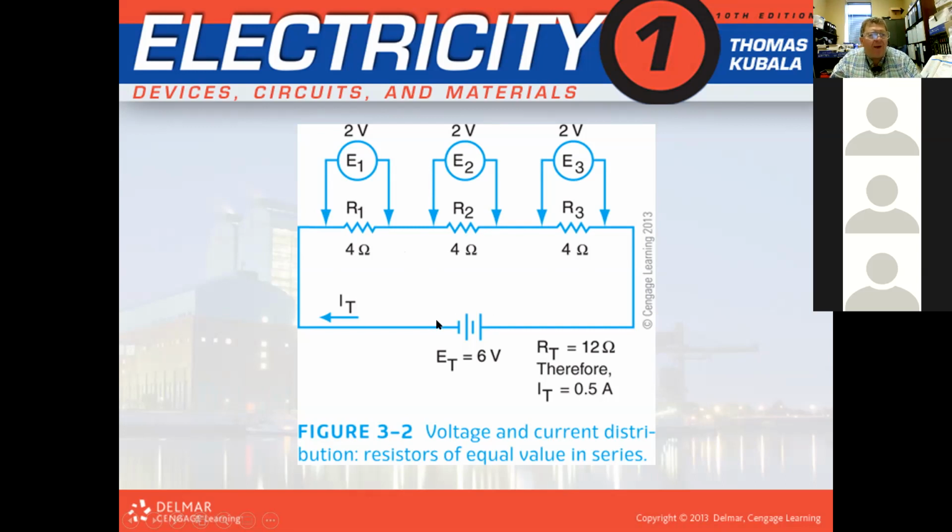So this half an amp is going to flow through R1, and it's the same half an amp going through all of them. They share the same amount of amps, but they split the voltages equally if they're equal resistance. Then you have a voltage drop of 2, 2, and 2. It would give you 6 volts. Okay, is everybody okay with that?